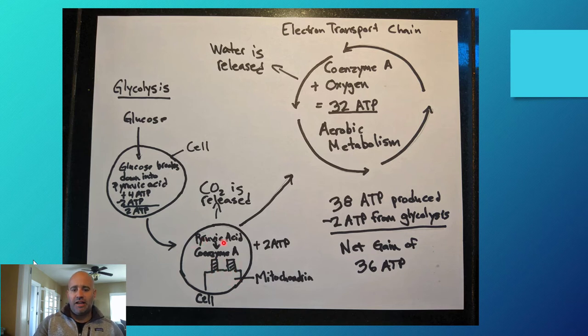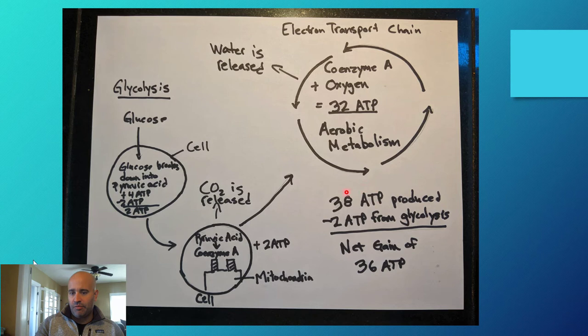The pyruvic acid moves into or changes into coenzyme A, and also NADH is created. All right, CO2 is released during this time, and then the NADH, which is a result of the coenzyme A, and oxygen combine, if you will, but really what happens is the electrons are given to the oxygen, and through that electron transport chain, 32 ATP are created.